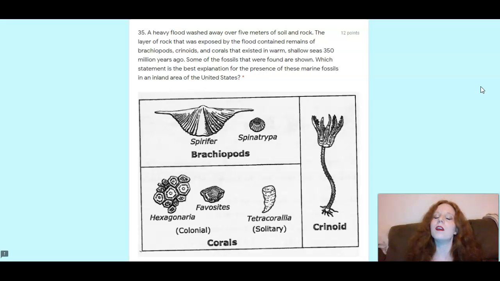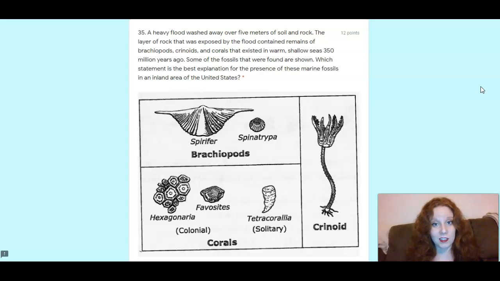This deals with the extinction event part of this standard, because obviously inland in the middle of the United States, you don't see many marine organisms. So let's pick apart the information it gives you and focus on what's actually necessary to answer the question. And the question is, which statement explains the presence of marine fossils in an inland area of the United States?